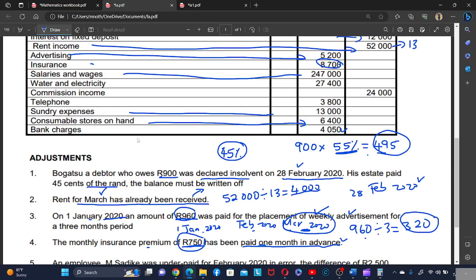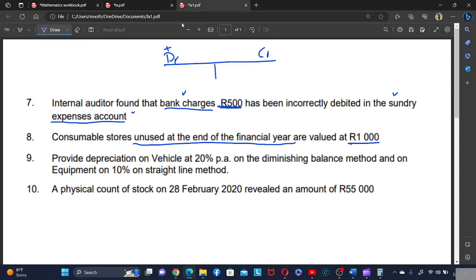But then at the end of the financial year, if it is found that some of them are still remaining, or they are on hand, or they are unused, what we need to do is go and separate them from the expenses account, because they are no longer expenses, they are now an asset. Why are we saying they are assets?